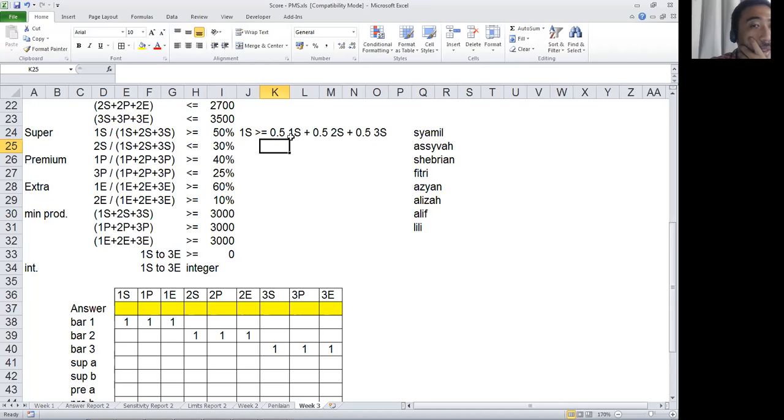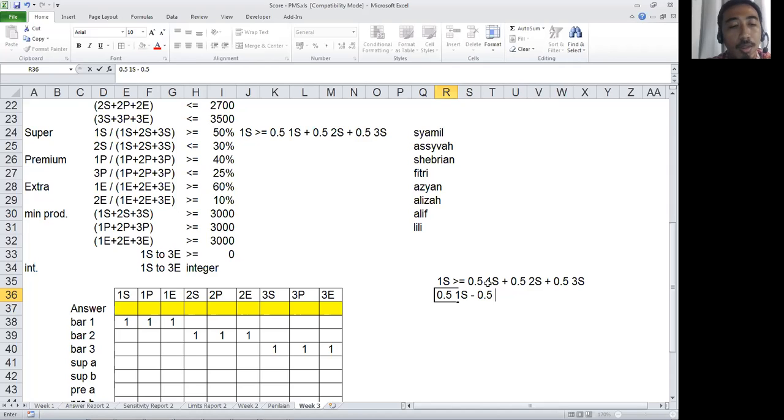If we simplify this more, so that all the variables are on the left and the number on the right, 0.5 1s goes to the left, so it becomes minus. 1s minus 0.5 1s gives 0.5 1s, then minus 0.5 2s, minus 0.5 3s.